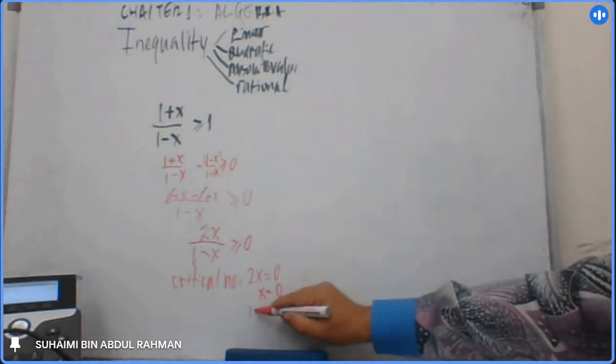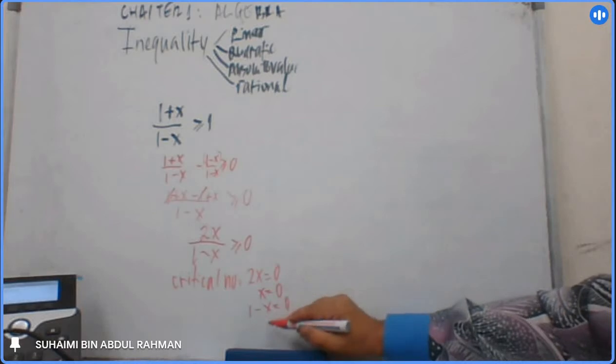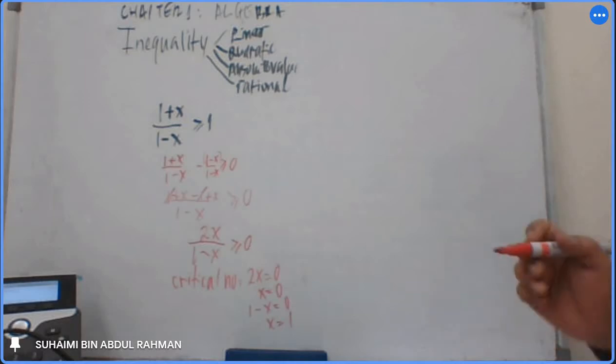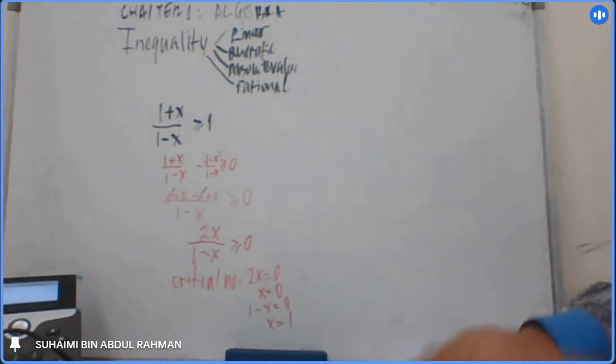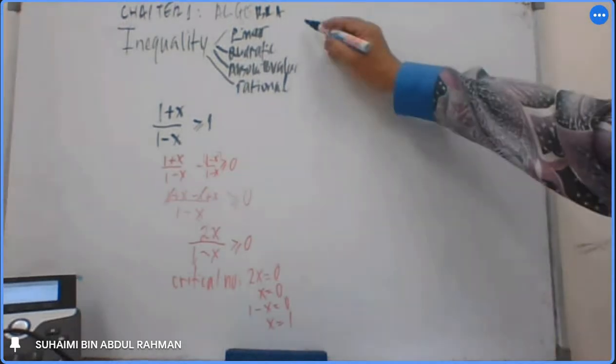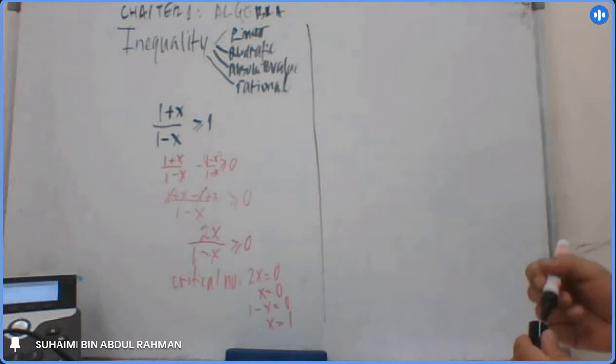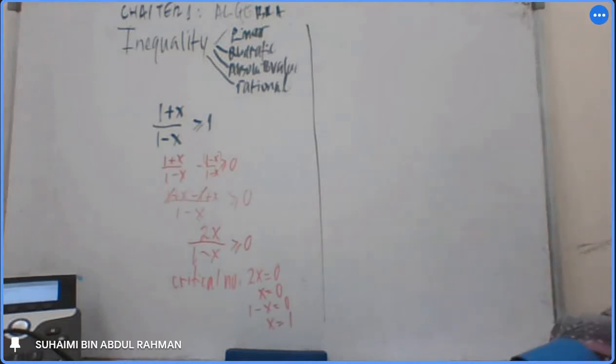Another one: 1 minus x equal to 0, x is 1. So we have two critical numbers, 0 and 1.